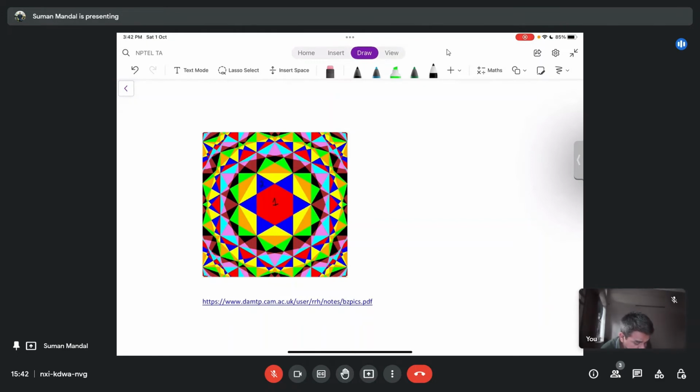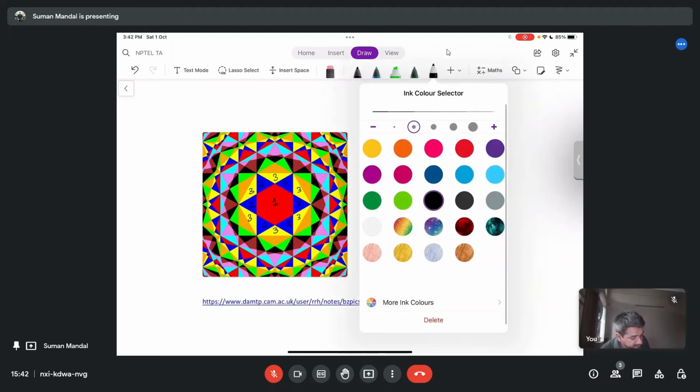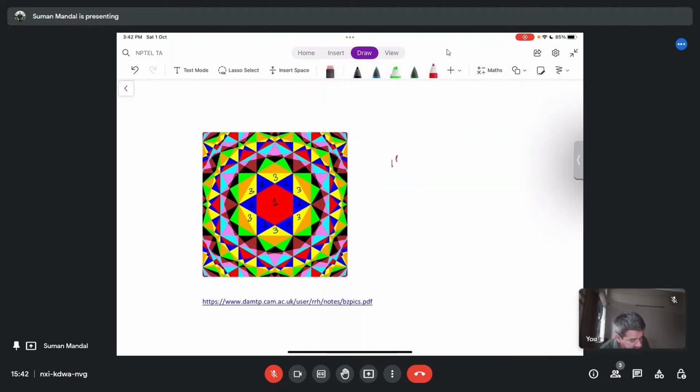The second one has 6. The third one has 6. As we can see, the number of fragments is variable. It depends on the lattice system.